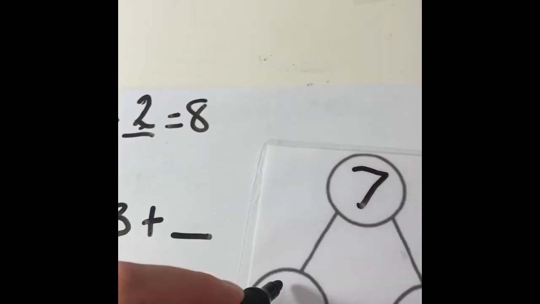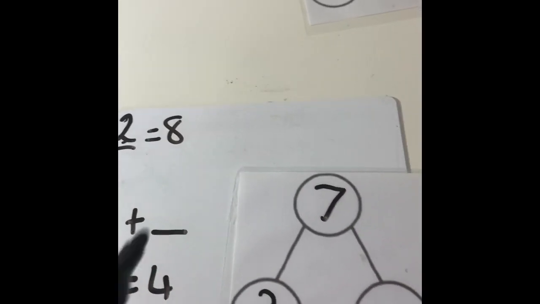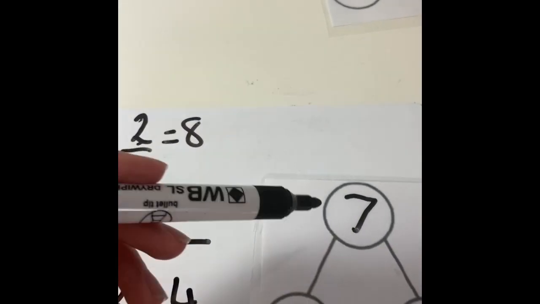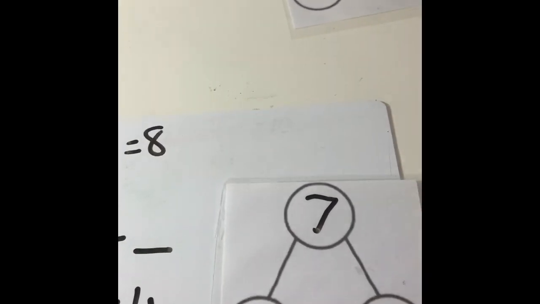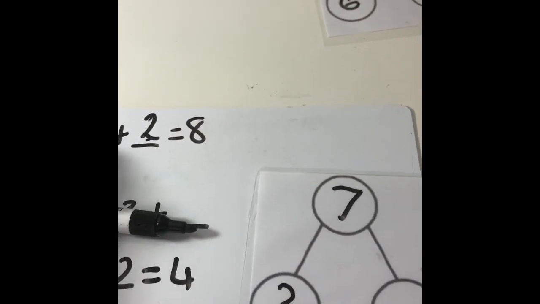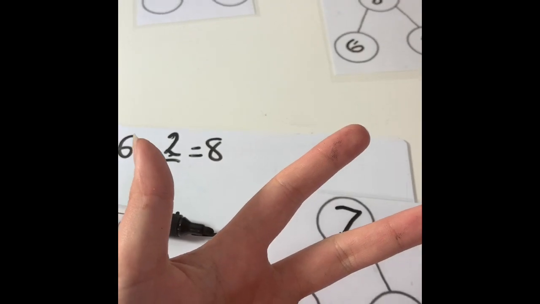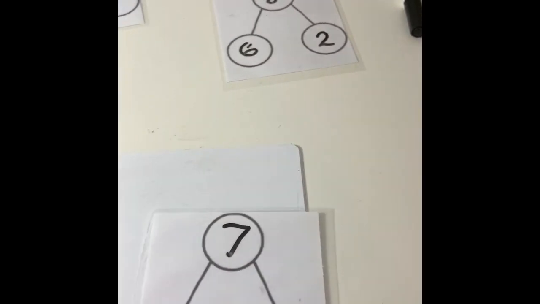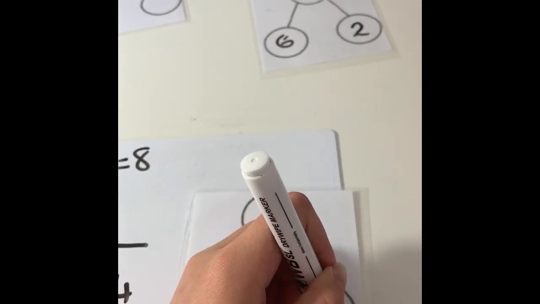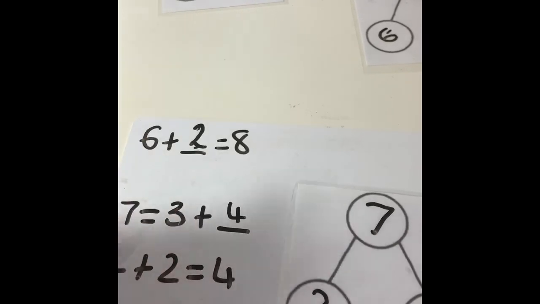So I already know 3 is one of my parts. And now, shall I do 7 take away 3 or 3 add equals 7? I think I'm going to count backwards. So I've got 7 in my head and I'm going to go, hold my 3 fingers up, 6, 5, 4. Now I know my answer is 4.